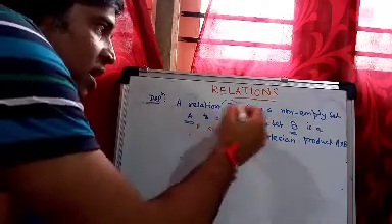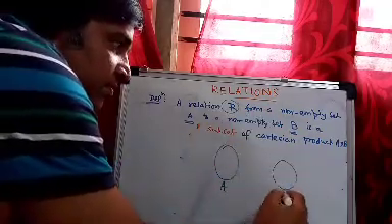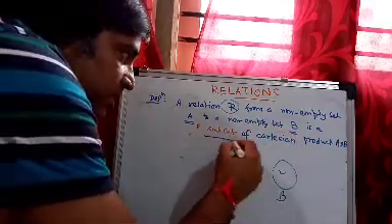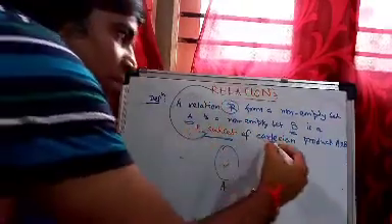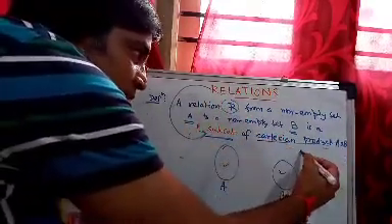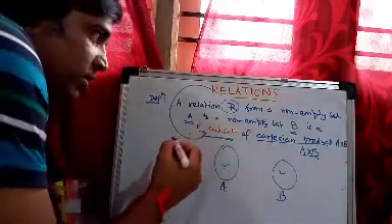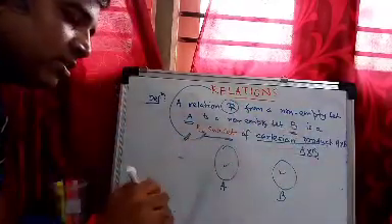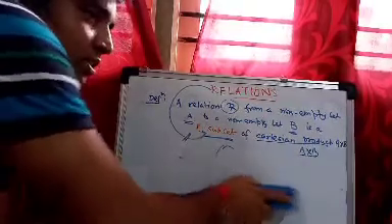So R from one set A to another set B, both non-empty, is a subset. Always important: relation is a subset of the Cartesian product A cross B. It is always a subset of the Cartesian product. Always remember, relation is in short a subset of Cartesian product A cross B.